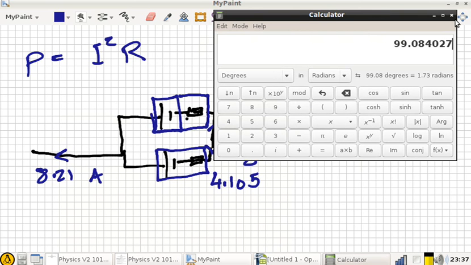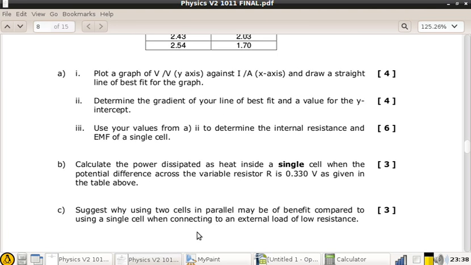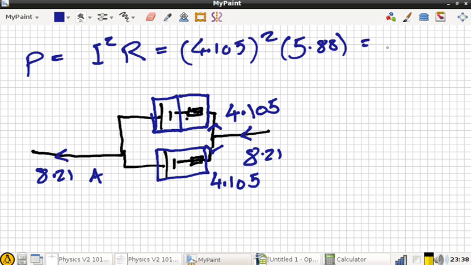It's quite different. So here it is 99. 4.105 squared multiply 5.88. That is equal to 99. Okay.